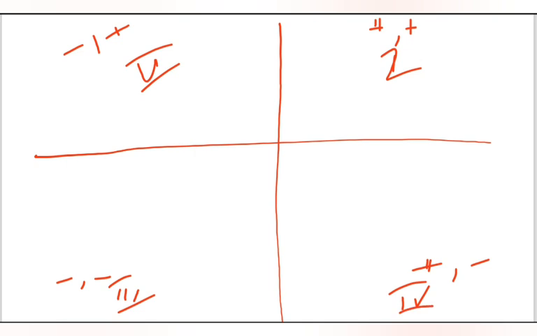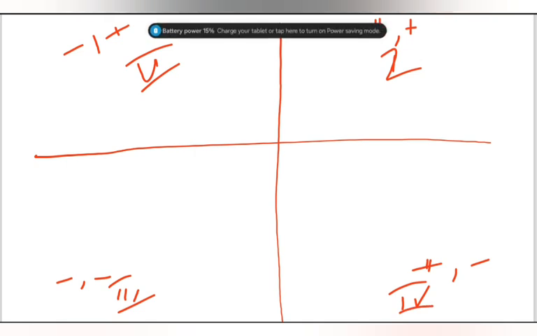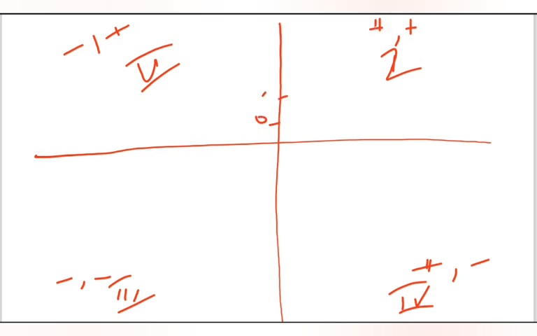So let's mark the points. 0, 1. Let's mark up to 2, 3, and 4. Let's take 1 unit equal to 2 centimeters, so it will be easier.